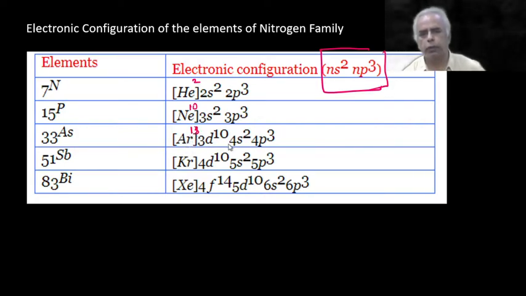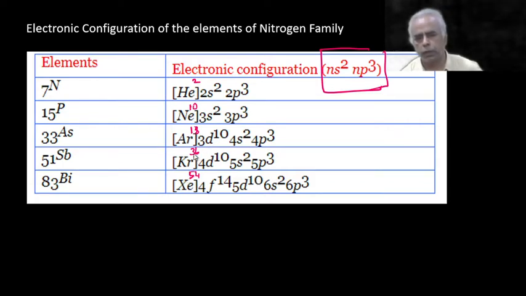So that you are able to get 33, and here you have to add 18 plus 18, krypton 36, and 36 plus, in this case you have to add 10, that is 44. For xenon you have to add 54, and then you have to add 10, so 64.